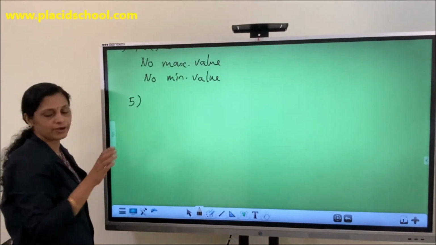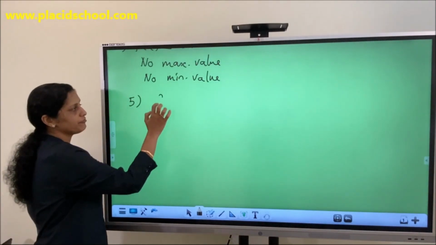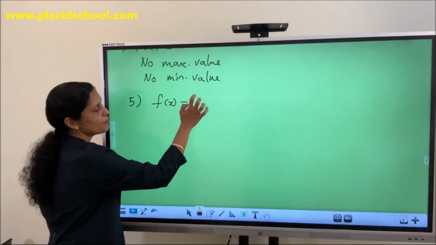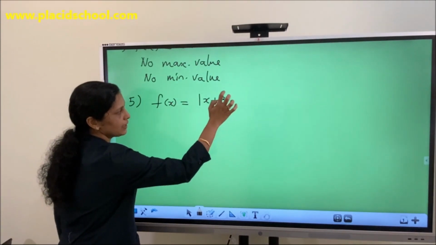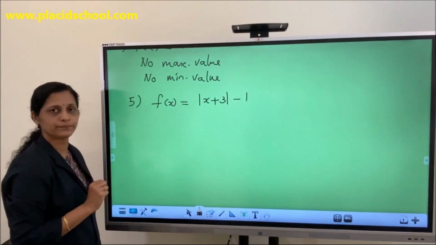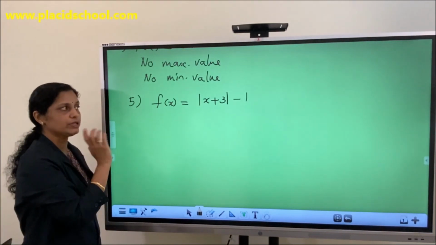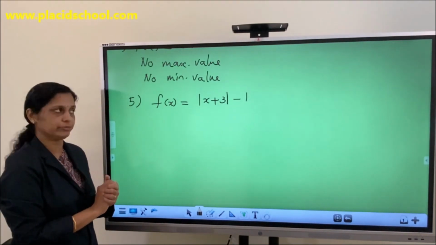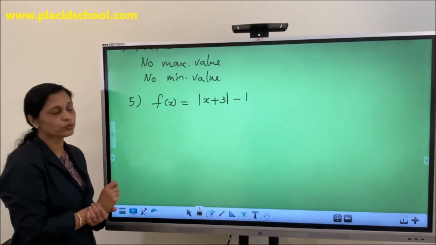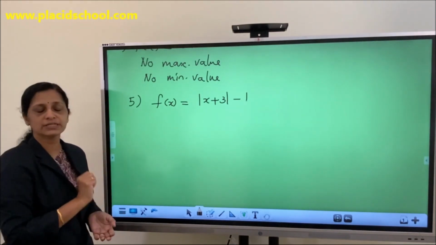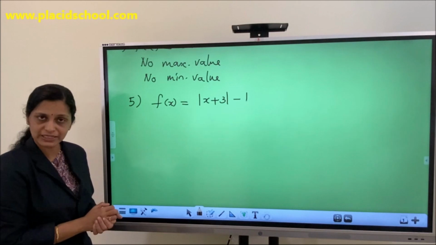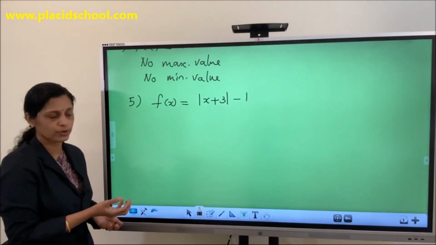Next, question number 5: f(x) = |x + 3| − 1. Here we need to write its maximum and minimum value. The first term is a modulus function. We know that a modulus function's value is always positive or 0.